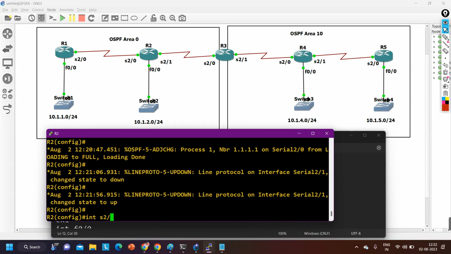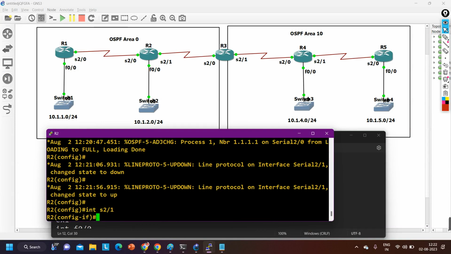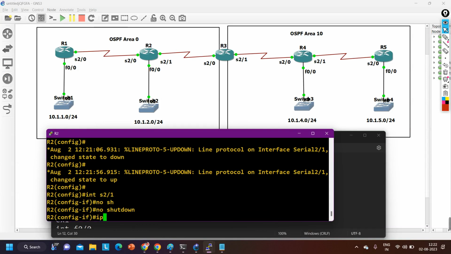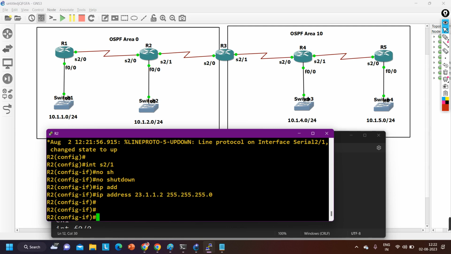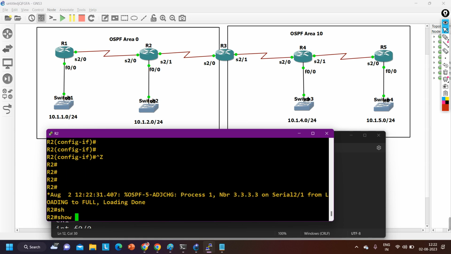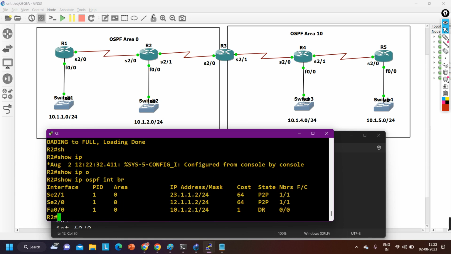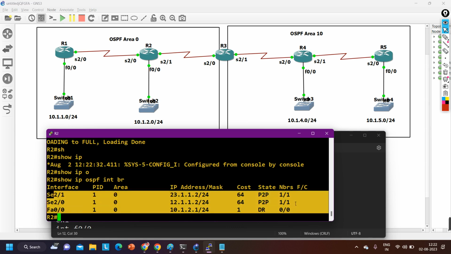Interface serial 2/1, no shut and IP address 23.1.1.2 255.255.255.0. Okay. So show ip ospf interface brief, you can see OSPF is enabled on all interfaces of router 2.